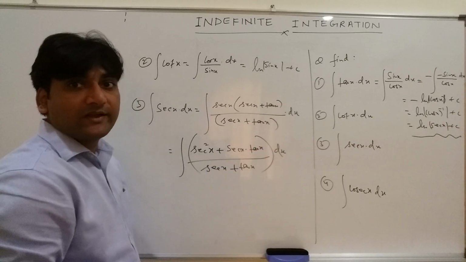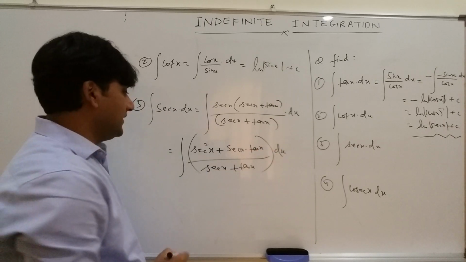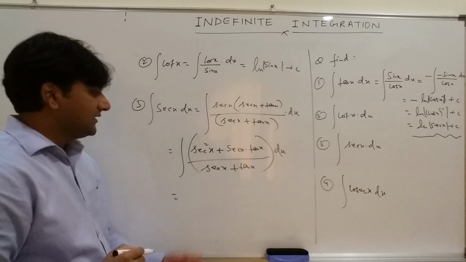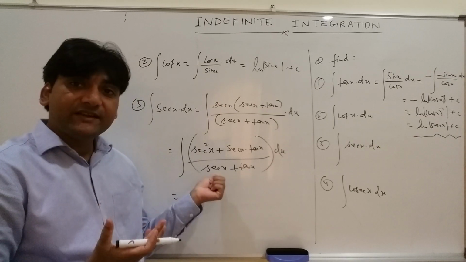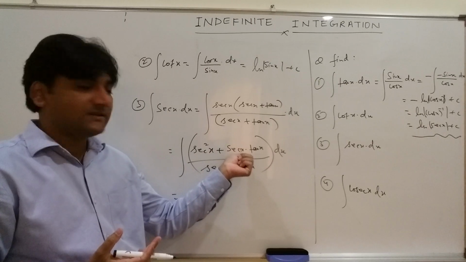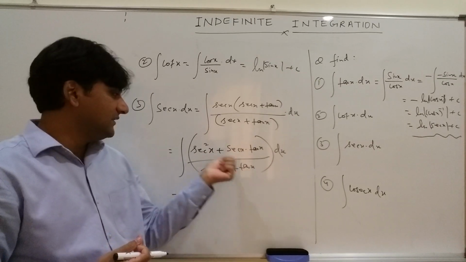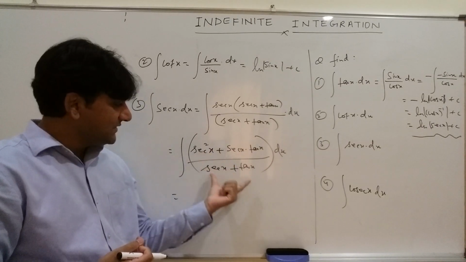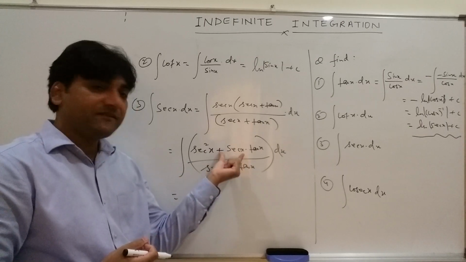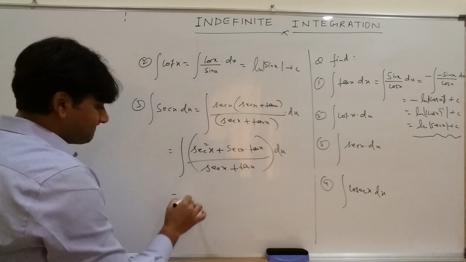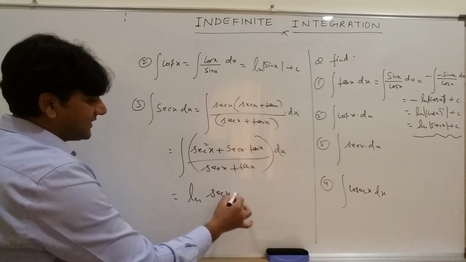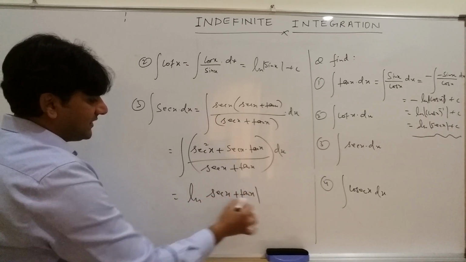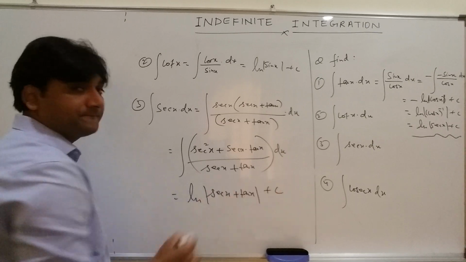Okay? Now you can observe this is sec x, this is tan x. Sec x derivative is sec x tan x. Tan x derivative is sec square x. It means this is f x, this is f dash x. So the answer is ln f x, it means ln sec x plus tan x plus c.